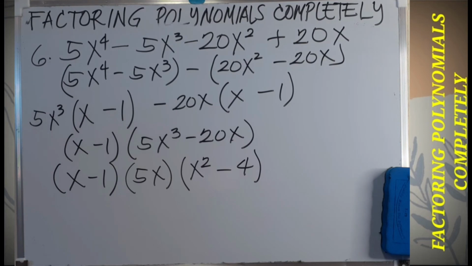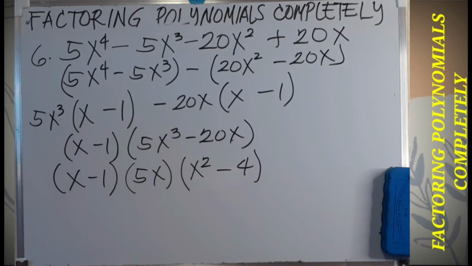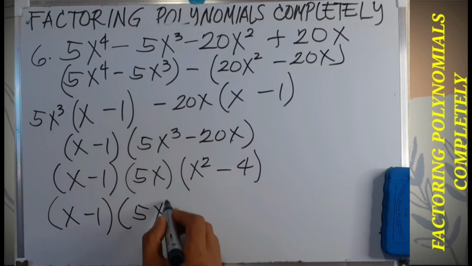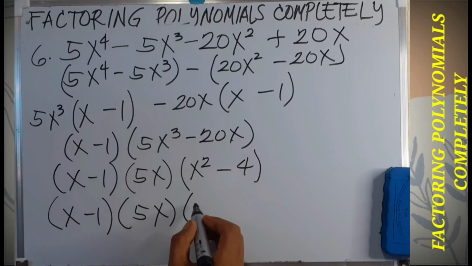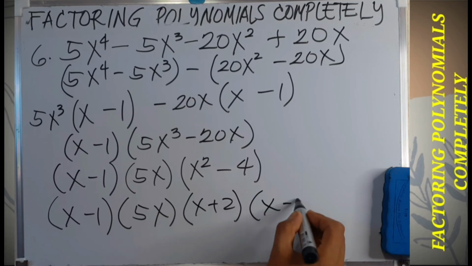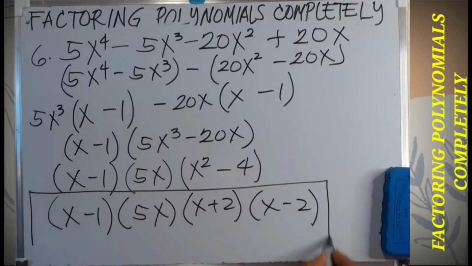Again, analyze further. The first two factors are not factorable, but x squared minus 4 is again factorable by difference of two squares. So, rewrite x minus 1, 5x. The factors of this are x plus 2 and x minus 2. And these are now the factors of the number 6 polynomial completely.